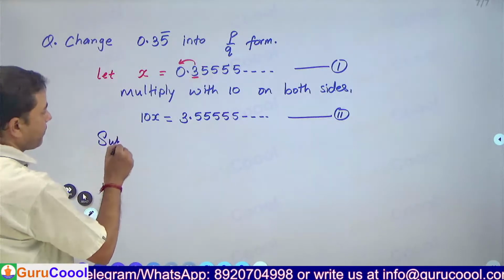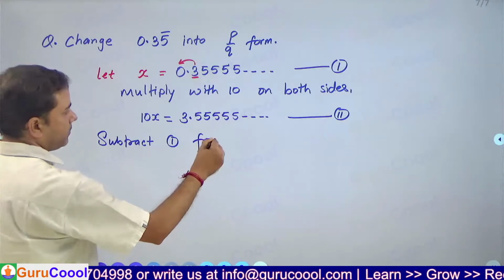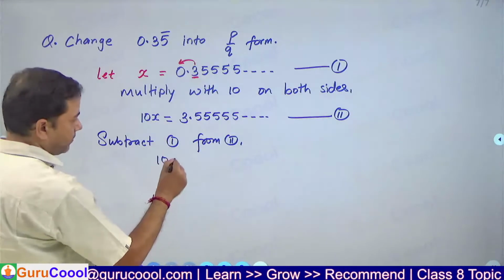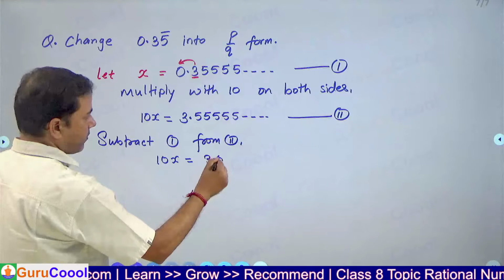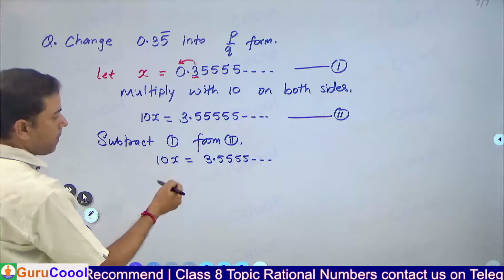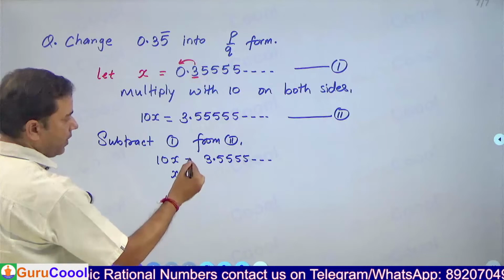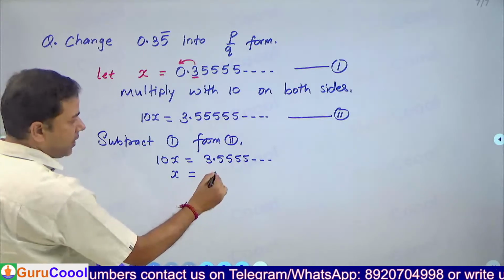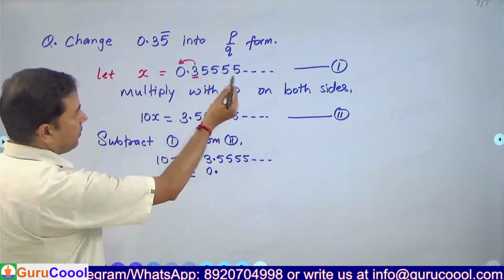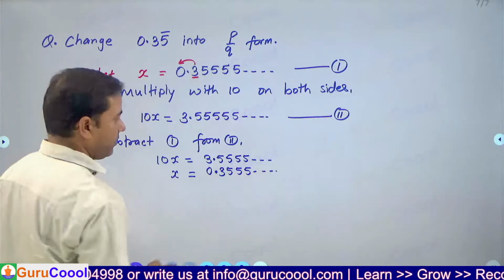Subtract the first equation from the second equation. Second equation on top, and first equation below it, arranging x term below x term, equal sign below equal sign, decimal below decimal: 0 on the left side of the decimal, and then 3 5 5 5 and so on.